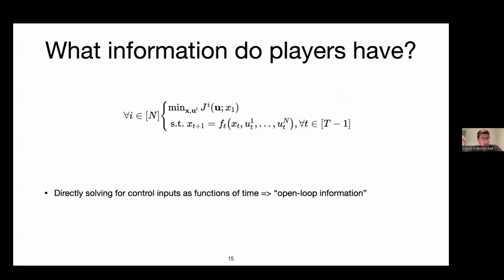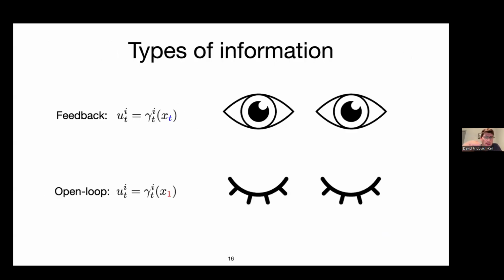So that's totally valid, and it has a name. It's called open loop information. So this is an open loop strategy that we just found, and I gave an example of this distinction.